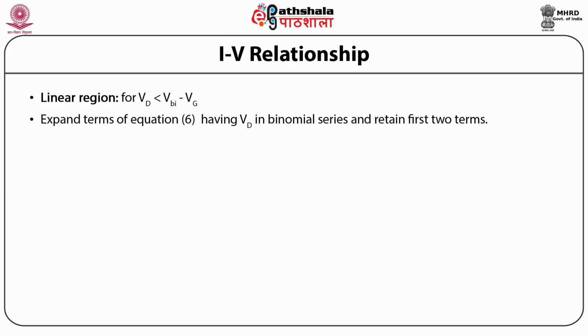So expanding the terms of equation 6, which was previously discussed, having V_D in binomial series and retaining the first two terms, we get I_D approximately equal to I_P by V_P multiplied by square bracket 1 minus (V_bi minus V_G divided by V_P) to the power 1 by 2, square bracket close, multiplied by V_D.